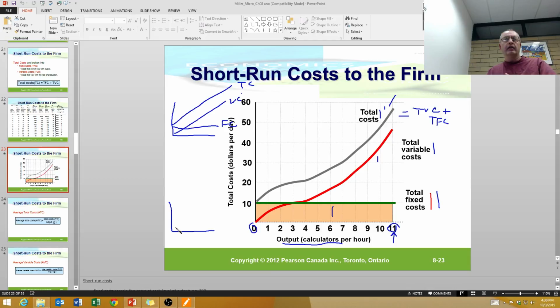And the reason economists draw the total variable cost line at an increasing rate, with a slope that increases, is because they assume that the supply curve of the inputs is positively sloped. So as we buy a greater quantity of our inputs, the cost increases on a per unit basis, and that in turn drives the total variable cost line to increase at an increasing rate.